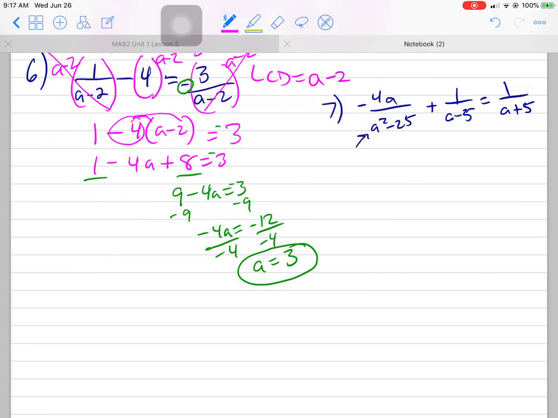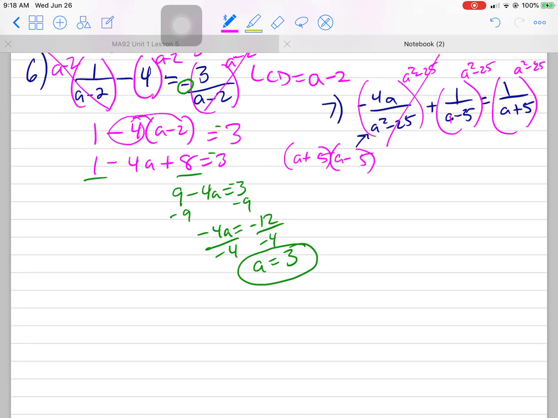That's your LCD because it's a perfect square minus a perfect square. The root of here and here, so that's what that is. So both of these other denominators are factors of this one. So this is the LCD. So that one's going to remain the same, but we're still going to multiply everything by the a squared minus 25. I'm showing my work here by doing this like this.